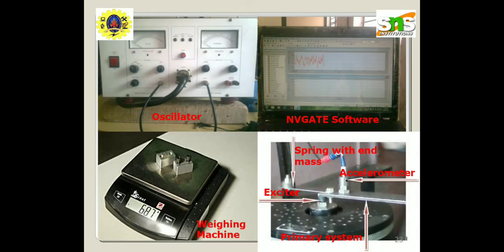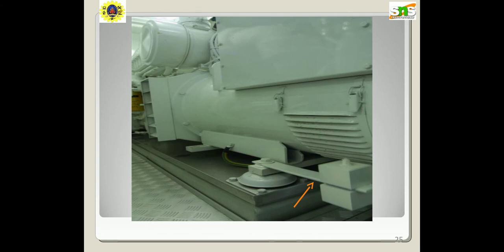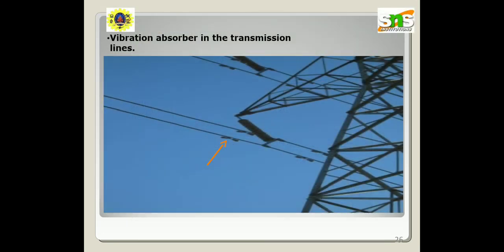These are the systems of oscillator, software and weighing machine, and primary and secondary systems are connected in this slide. And the application of these is in reciprocating machines. So vibration absorption in transmission lines will be shown here.